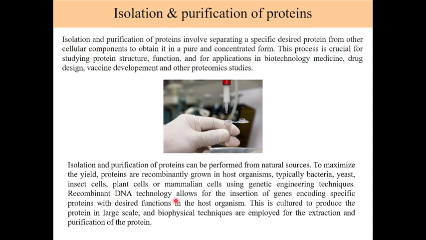Recombinant DNA technology allows the insertion of the gene encoding specific proteins with desired functions in the host organism. This host organism is cultured to produce the protein on a large scale, and biophysical techniques are employed for the extraction and purification of the desired protein.